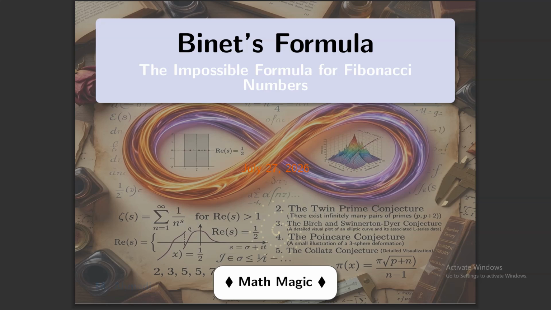How can a formula containing a square root and irrational constants always produce integer numbers? By the end of this presentation, you will understand exactly how this magic works, and you will appreciate why this formula is considered one of the most elegant results in mathematics. Let's investigate it.